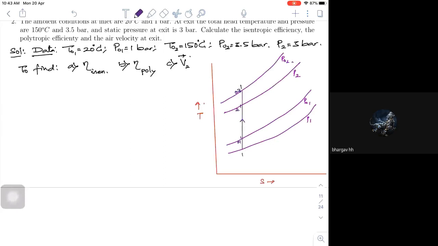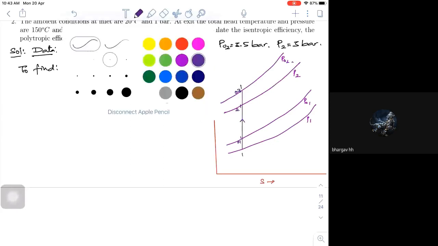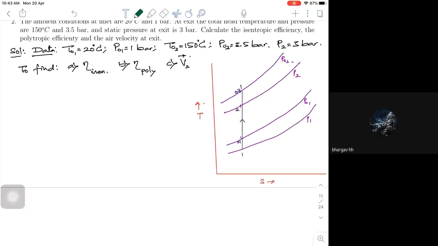So if I go for an actual compression, it's a little curve, it will be going like this. And 01 and 1 are almost the same. This is your 2, this is your 02. And at any given point, if I try to have an isentropic compression only for this particular thing, this is your 02 dash. So this is how your TS diagram looks like.